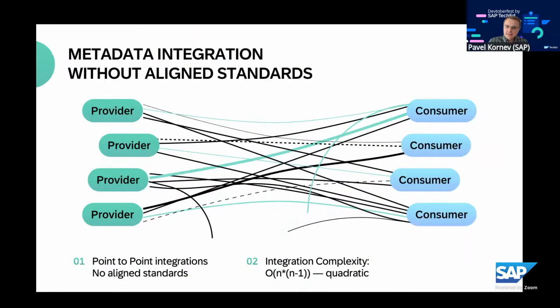So if you do these integrations point to point, this would look like that, right? Like one provider of metadata would integrate with the consumer with a direct integration, and then the complexity would be quadratic. So it doesn't really scale without having an aligned standard.